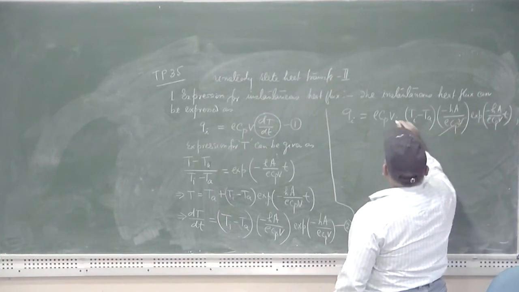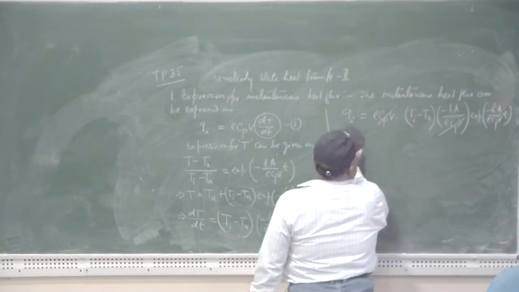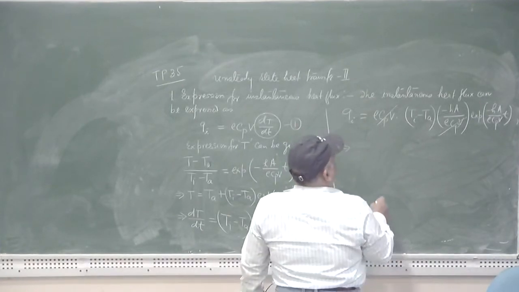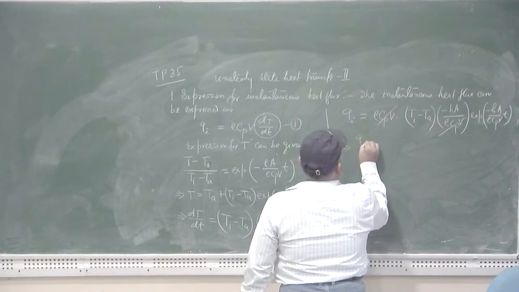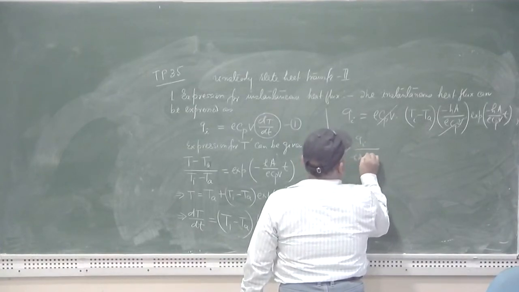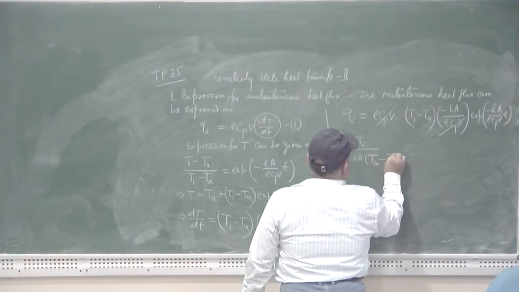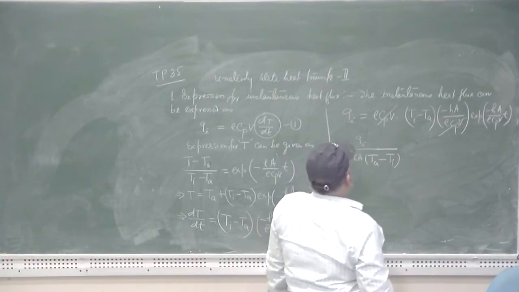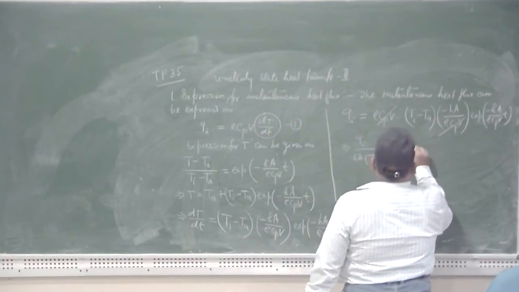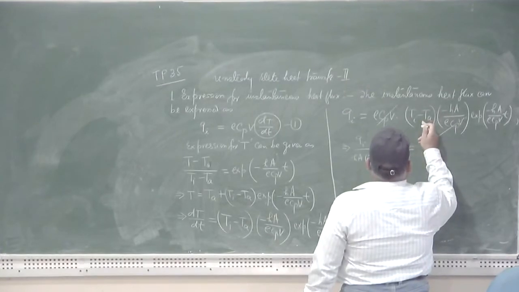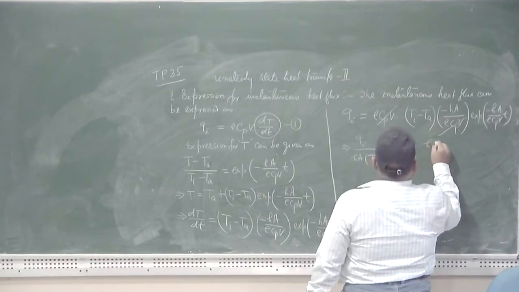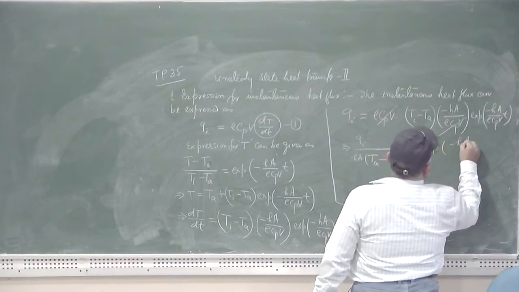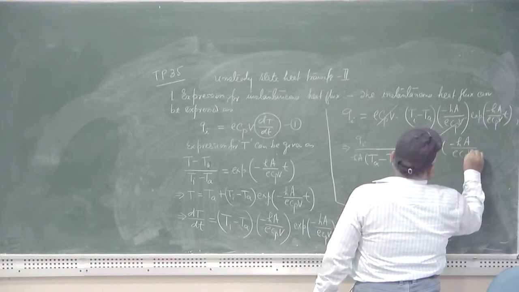So, this will get cancelled out, or you can say Qi divided by hA, (Ta minus Ti), because I have inserted the minus sign here, that will be equal to exponential of minus hA divided by rho Cp V into t.